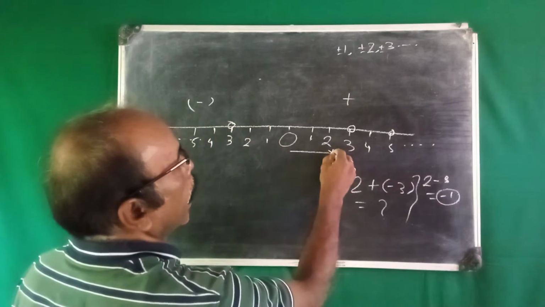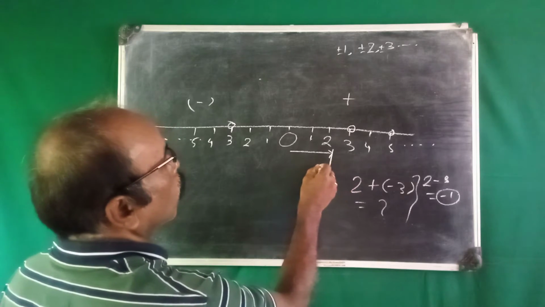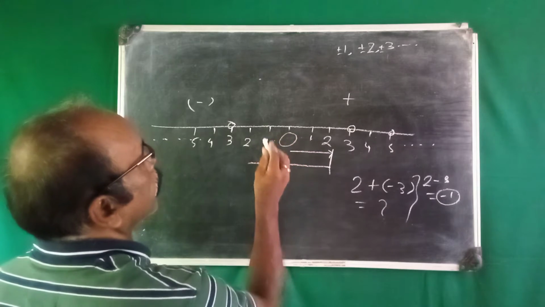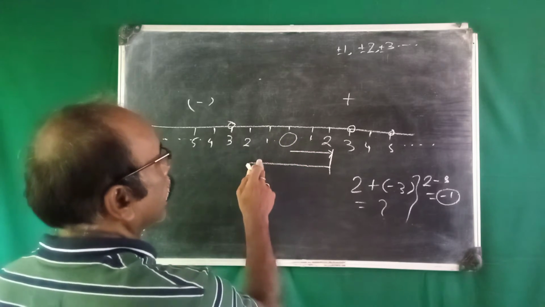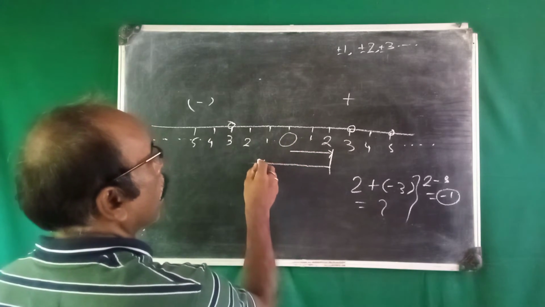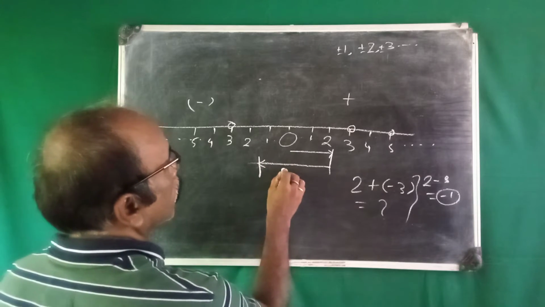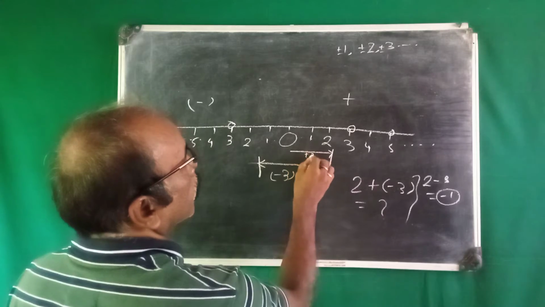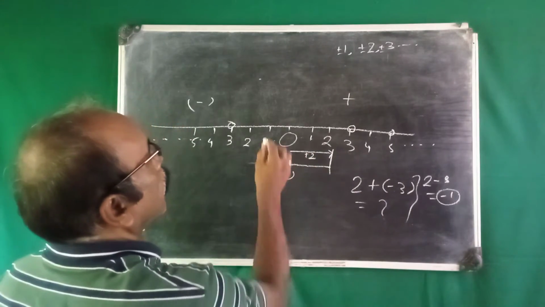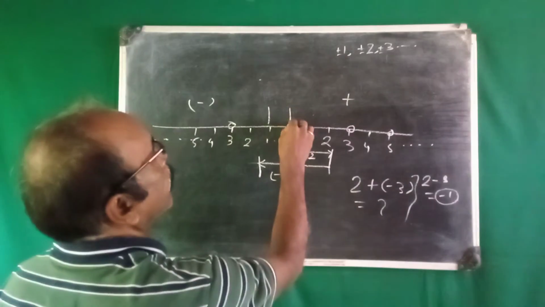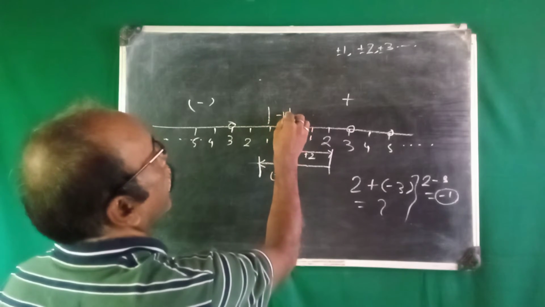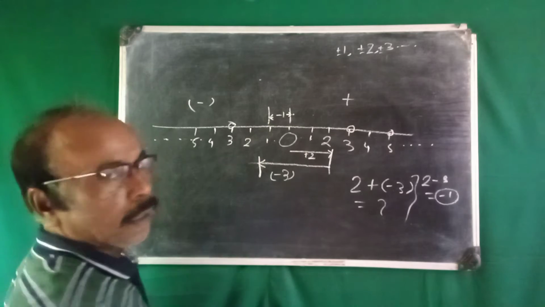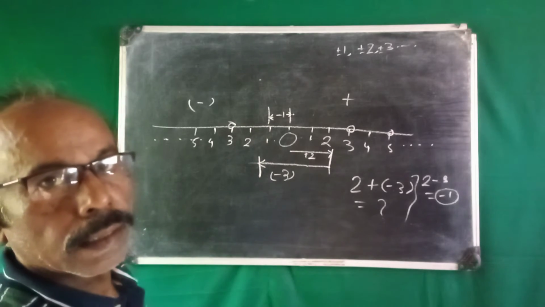Now we go back from 2 to 3: 1, 2, 3, this place is minus 3 and this is plus 2. Now the result is this, minus 1. Am I clear, my dear student?